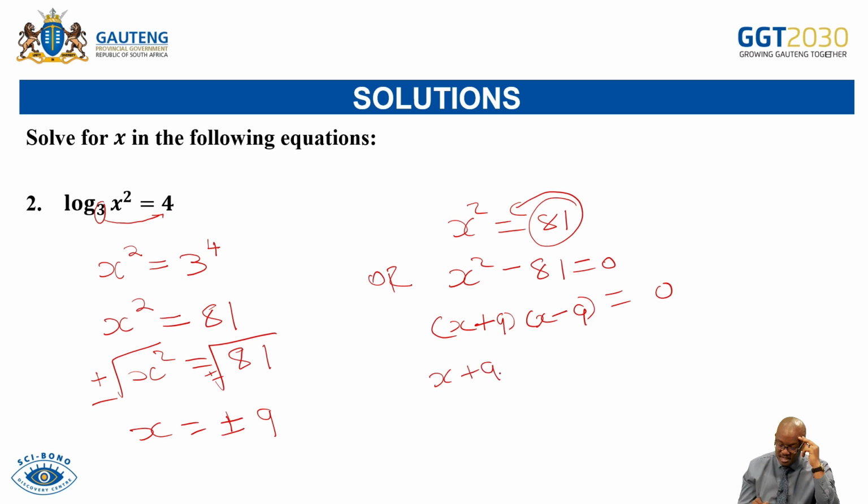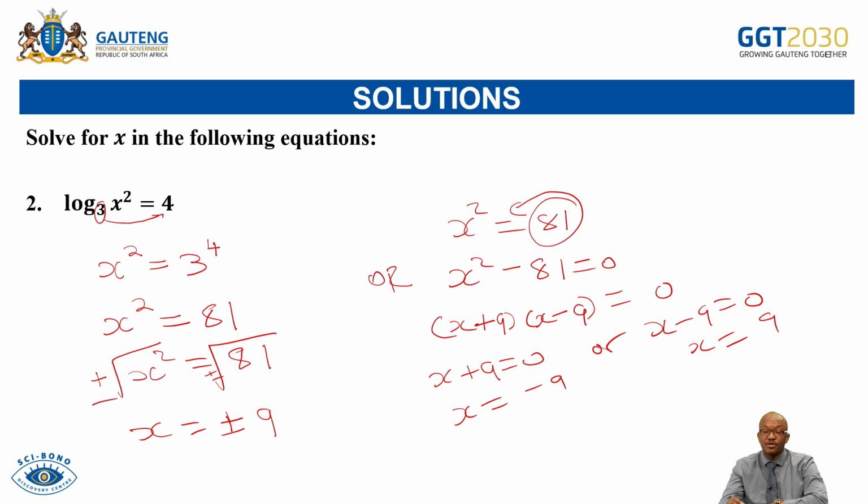Then x plus 9 is equal to 0, or x minus 9 is equal to 0. Then we know that our x's are going to be like that. So that is another format of how to deal with that. Remember, you need to understand mathematical operations for you to perform such.